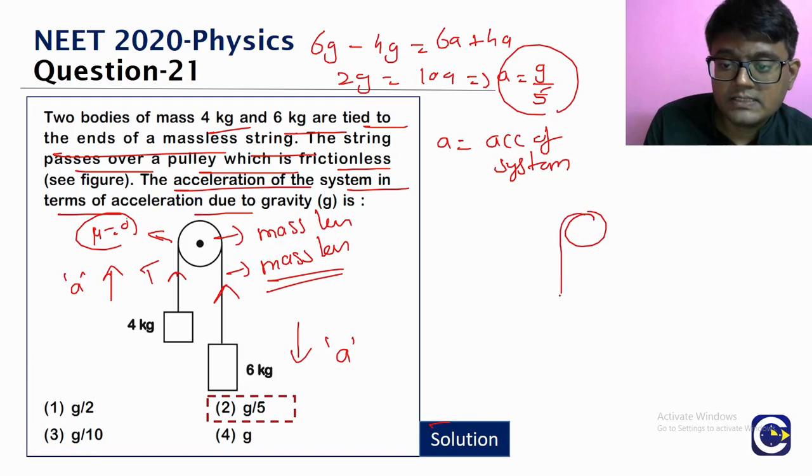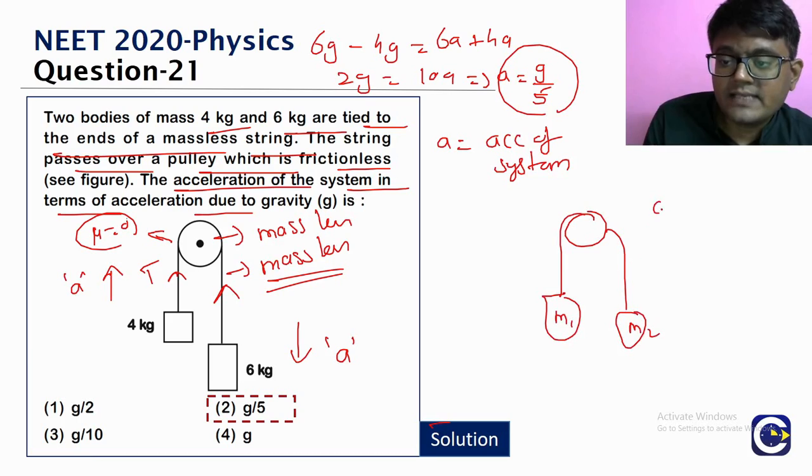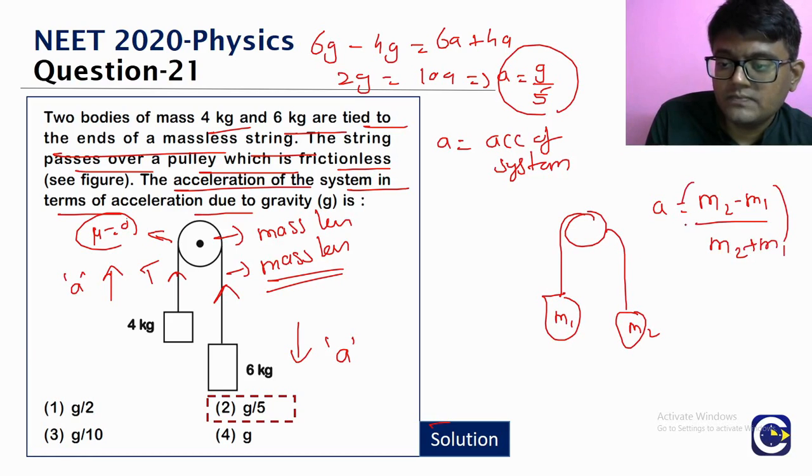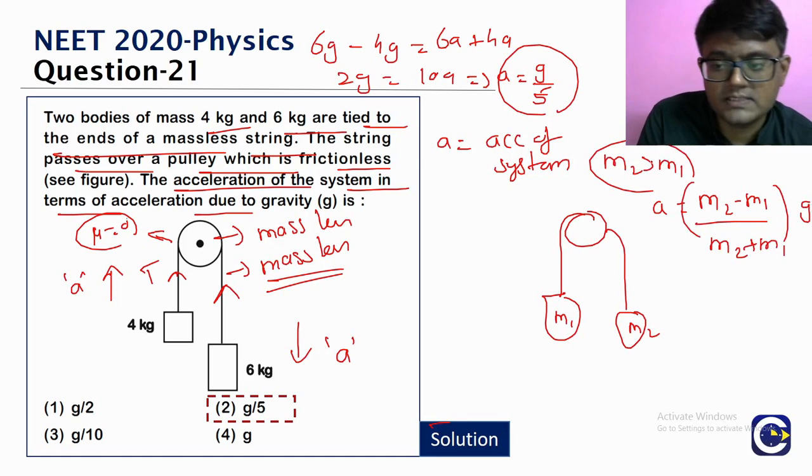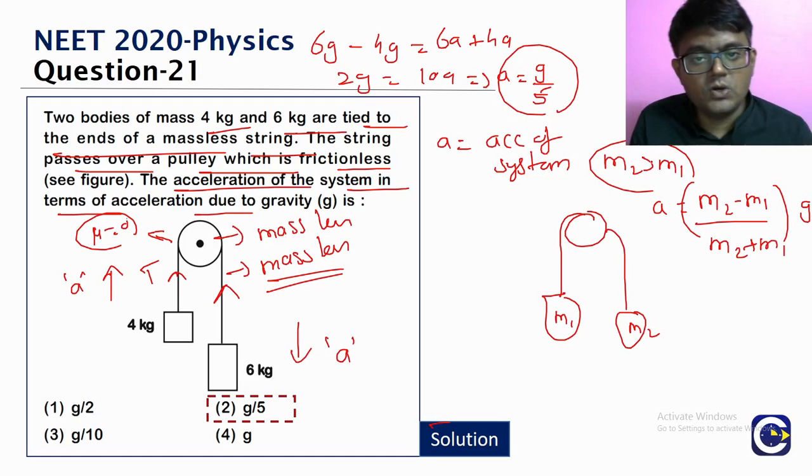If you have a system like this, we have M1 here and M2 here. So this is the standard result that people remember. The acceleration of the system will be equal to (M2 minus M1) by (M2 plus M1) into g, where we will take M2 as higher than M1. M2 will be the higher mass and M1 is the lower mass. Okay, higher mass will be going down, lower mass will be going up.